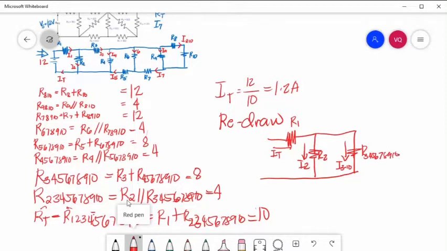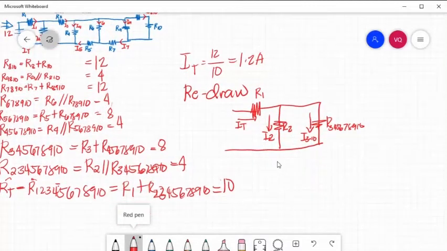So in CDT, again, I2 is equal to I total, which is the current supplying I2 and I3 to 10, multiplied by the total resistance.